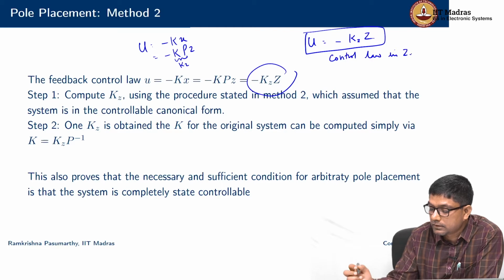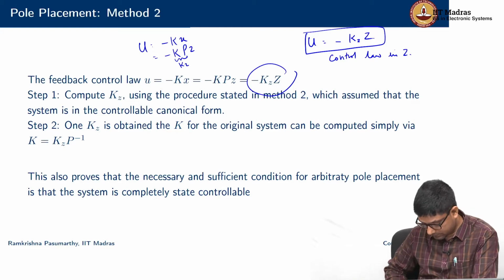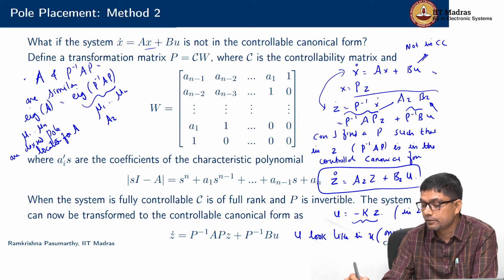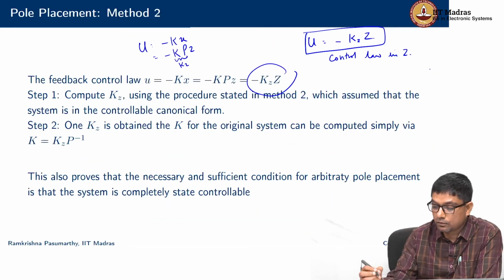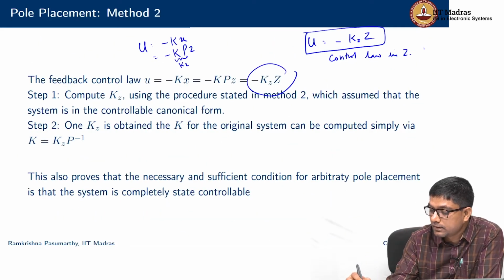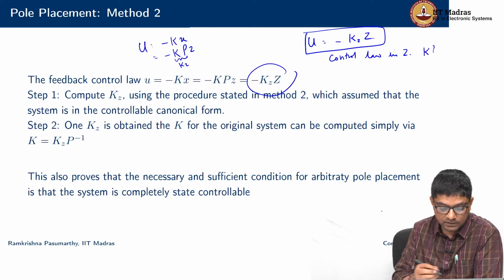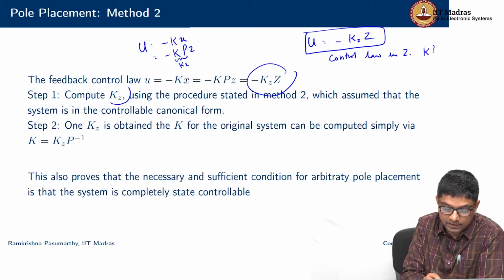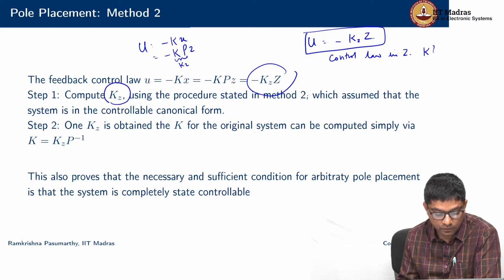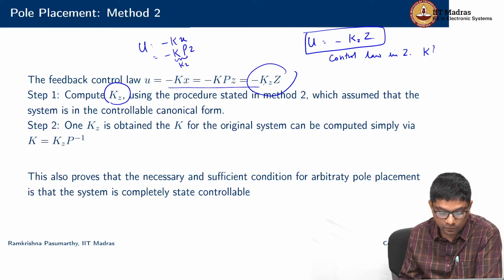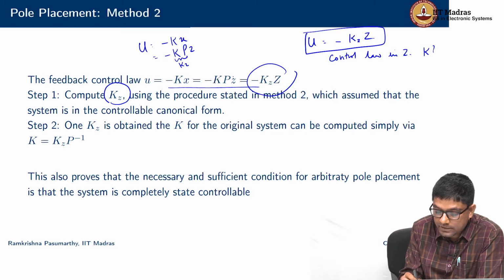in the z coordinates. But my original system is this one, I have to give the control to this system, not here. This is mathematically convenient for me to analyze, but eventually I have to control this system. So once I have kz, what is the control law in x? What is the k? Let me call this kz here. So this is nice. Compute kz using the procedure stated in method 2. Now, once kz is obtained, look at things here.